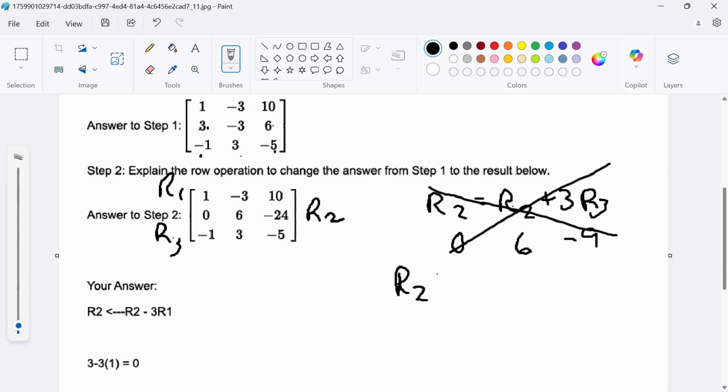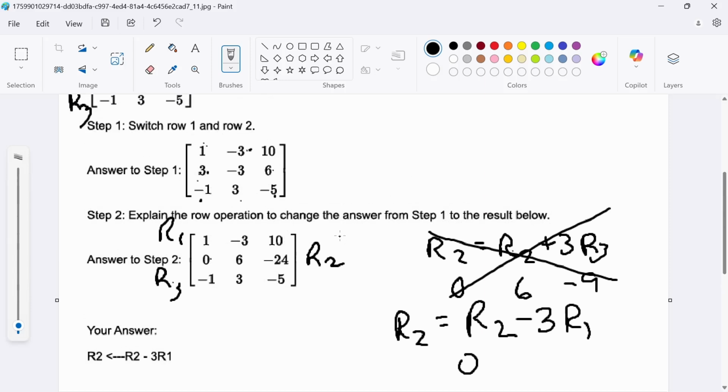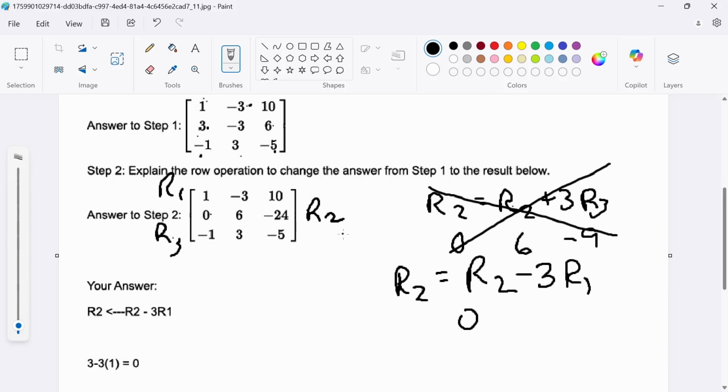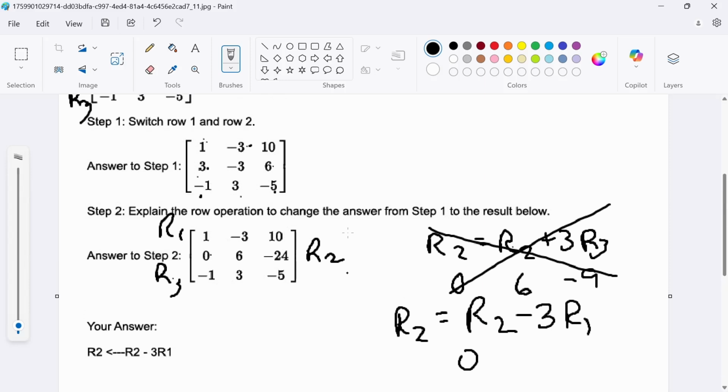Row 2 equals row 2 minus 3 row 1, because 3 minus 3 times 1 is 0. So let me try that one. 3 minus 3 times 1 is 0. 6 minus 3 times... wait a minute.